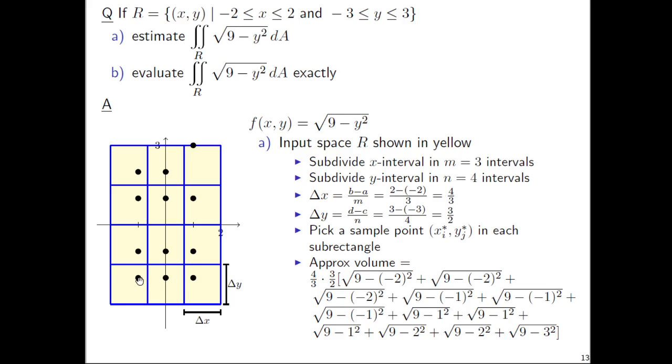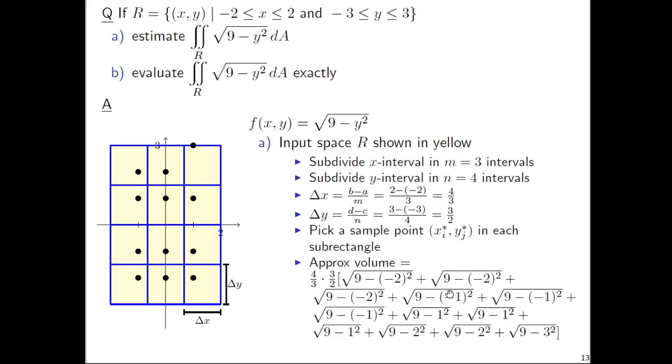So how about over here? This would be this function, root 9 minus y squared. That would be like right here, right? This is root 9 minus -2 squared, and then here this is root 9 minus -2 squared, and here is root 9 minus -2 squared, and so on. So we will just keep doing this, because every single point here corresponds to a certain z value.